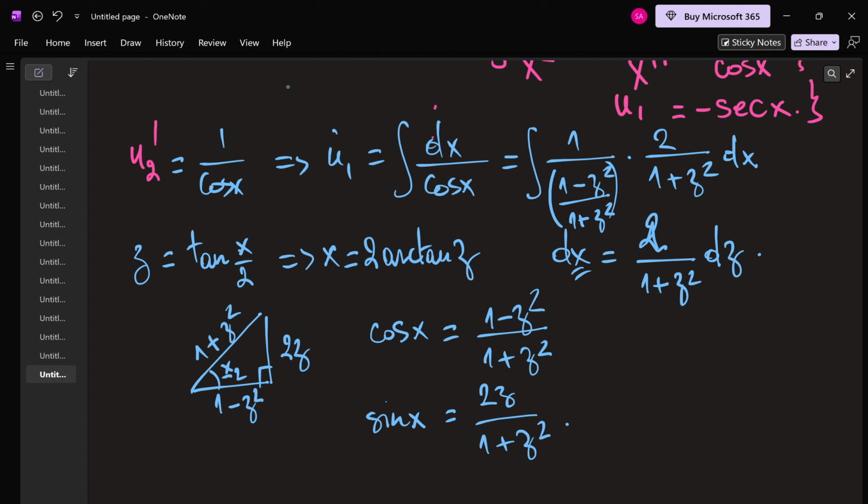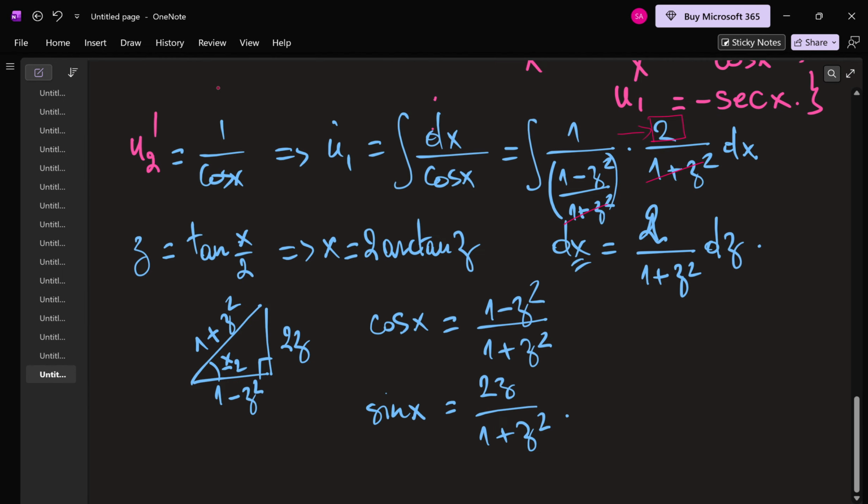So now you simplify, this guy would be cancelled with this guy. What remains is 1 minus z squared, and we have the 2. I am not sure about this 2. You should verify the calculations.